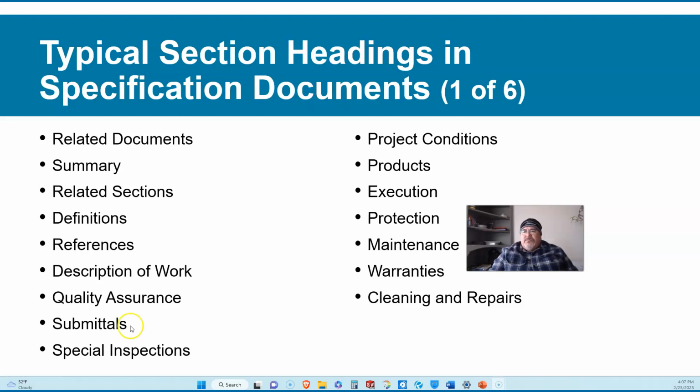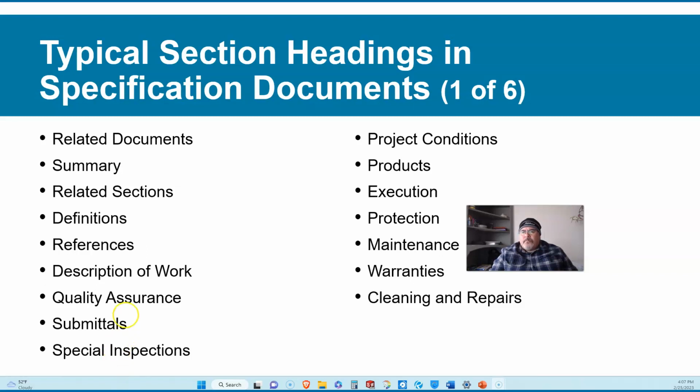Like, for example, submittals. You might be required, often in your particular trade, say I'm a cabinet maker and I am providing bids on the architectural casework, which will include cabinetry, plastic laminate, countertops, and some other miscellaneous stuff.